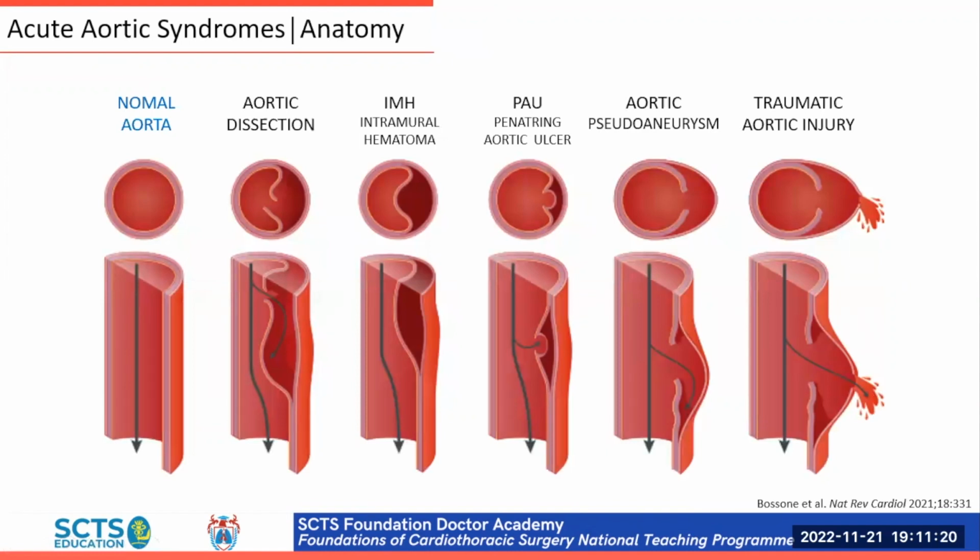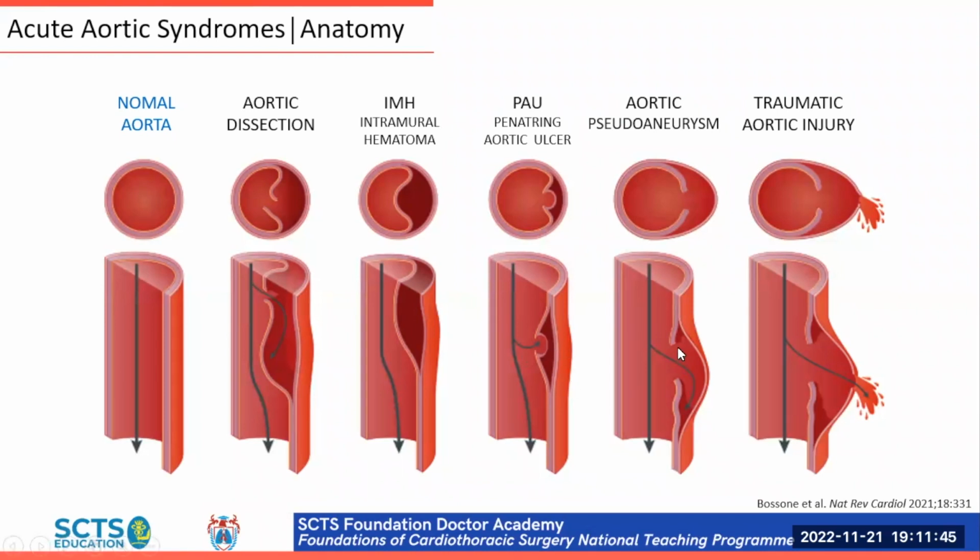Therefore, based on the involvement of the aortic layers, we can recognize different entities. Aortic dissection, with a clear separation between the intima and the media with a tear and a flap. The intramural hematoma, when in essence part of the aortic wall has a hematoma. The penetrating ulcer is a sort of focal rupture.